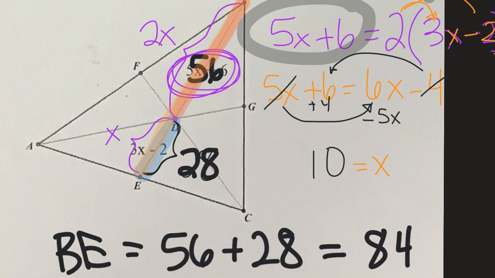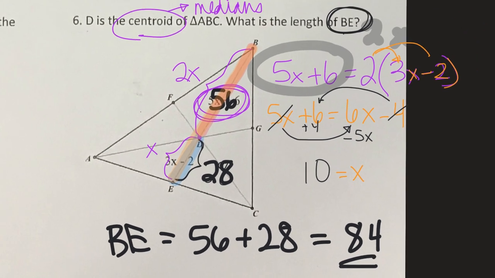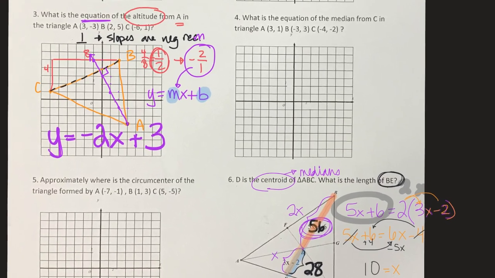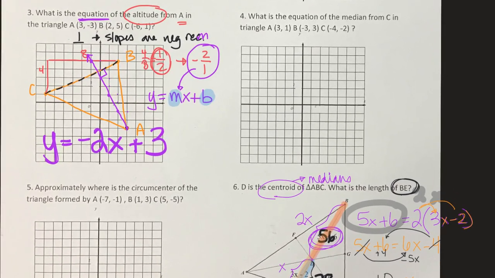Yeah, 84. So BE is 84 units long. Okay, so we can put these on grids, right? We can put it on an XY coordinate and give you the corners of your triangles, and you can do different algebraic things with our geometric concepts.